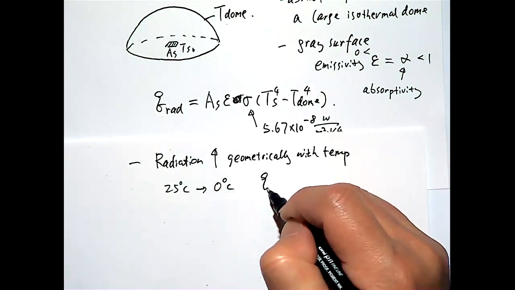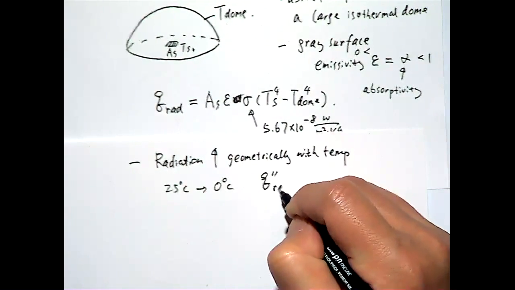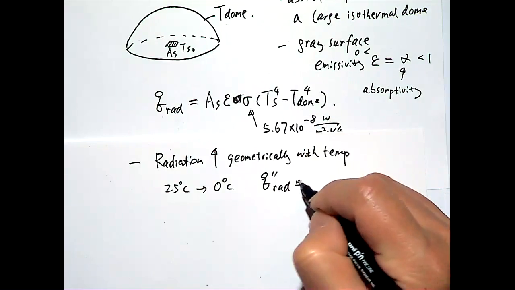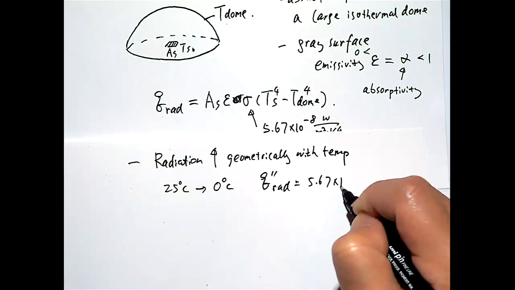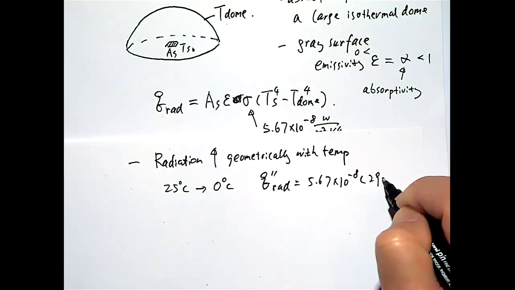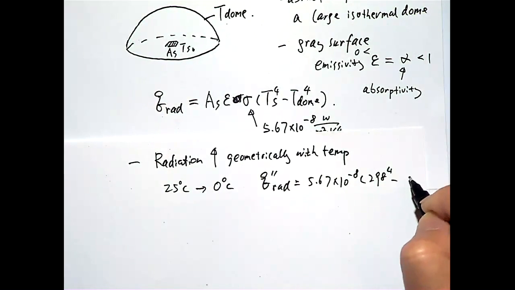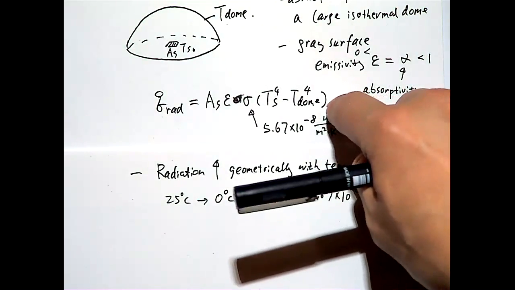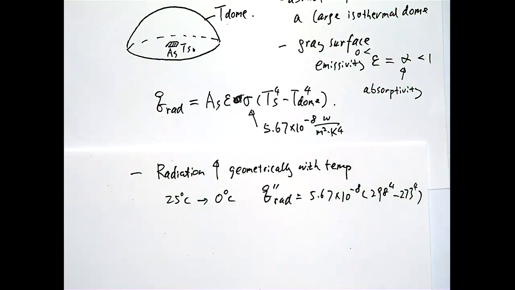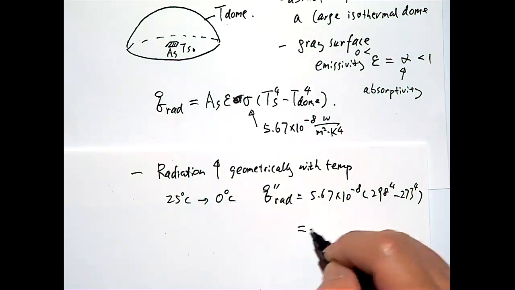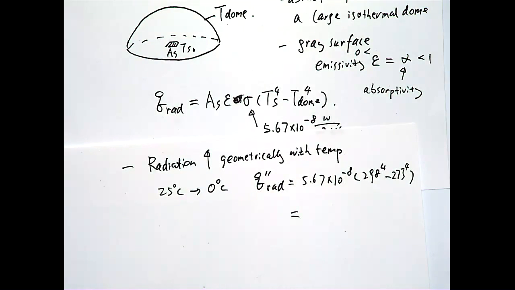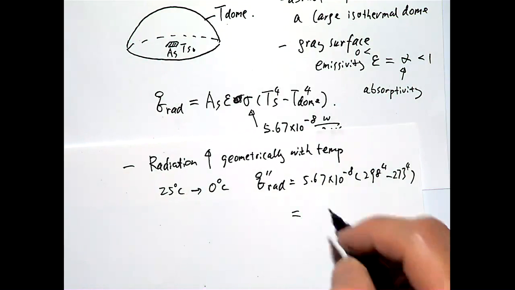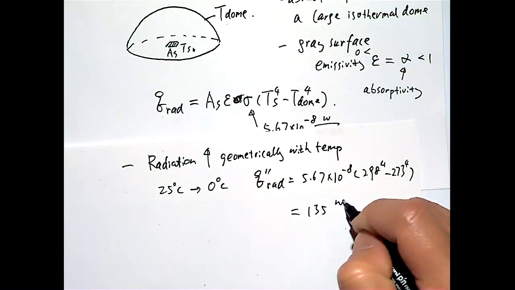We can calculate the radiation flux, which is 5.67 times 10 to the minus 8, times 298 to the power of four, minus 273 to the power of four, right? Again, you are using the temperature in Kelvin, do not use Celsius, right? Then you will have a number of 135 watts per meter square.